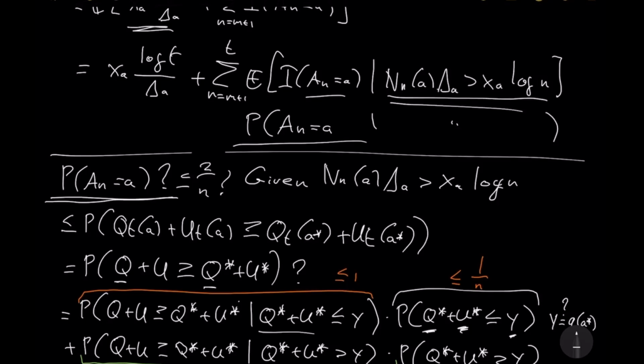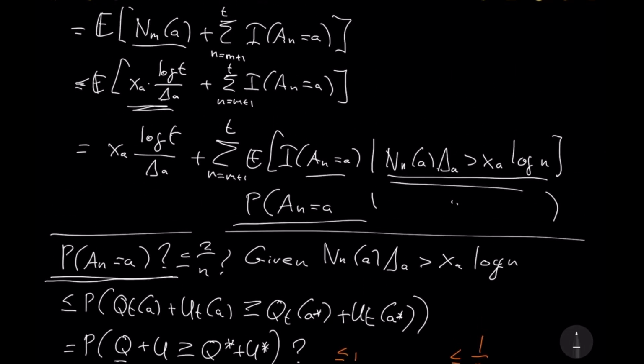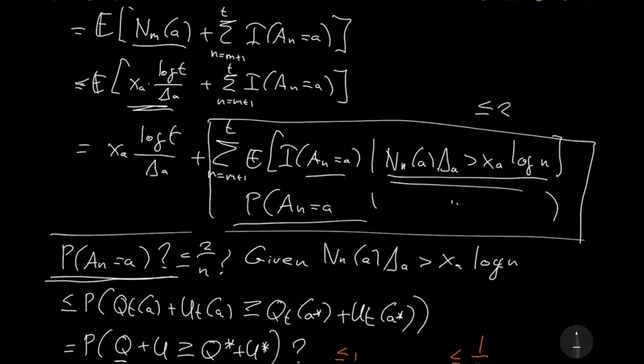Which means that the summation over time is still logarithmic in t. So now we can plug this in and we can say that this total summation here is going to be smaller or equal to 2 logarithm of t plus 1. And therefore the whole term is logarithmic in t.